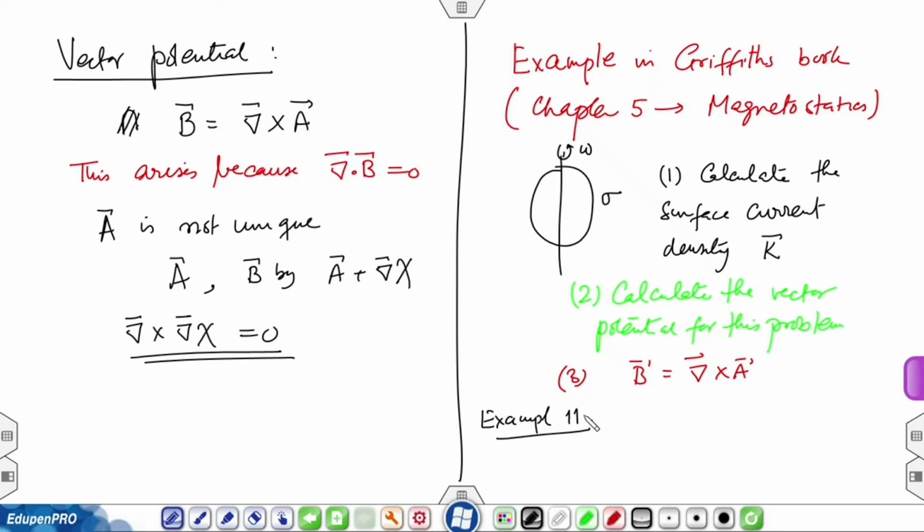And to perform the integral here, he again rotates the axis in a certain way, so that the point of observation is on the z axis.